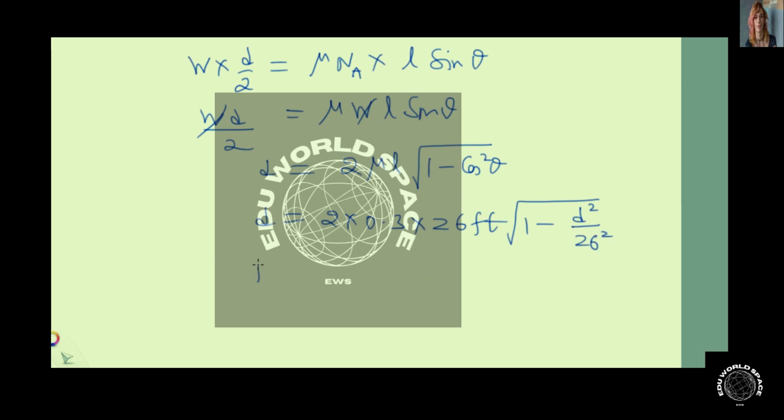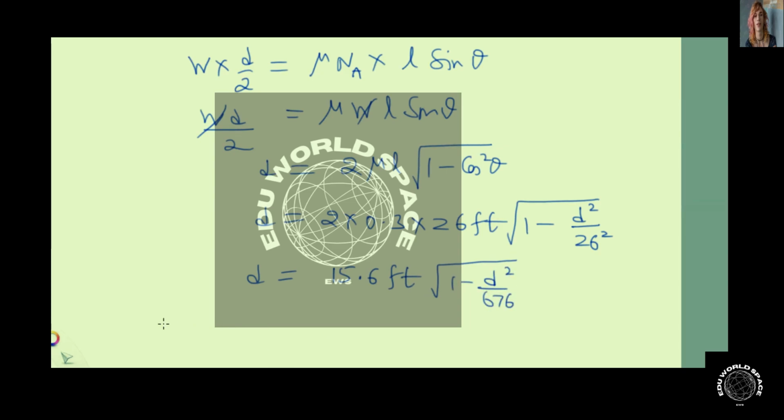So here it becomes D is equal to 15.6 feet square root of 1 minus D square by 676.